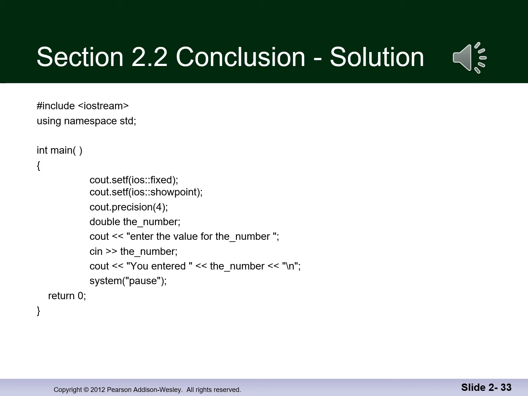Cout, you entered the number. New line. The system pause, I'll explain that further. That just allows you to see the output. I would like you to put this into the compiler, into the editor, and compile it and run it and see the output. It would be very useful to you. I've given this to you. You can copy and paste it right from this slide. Give it a shot.